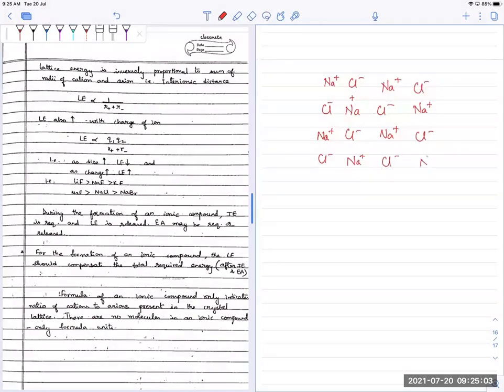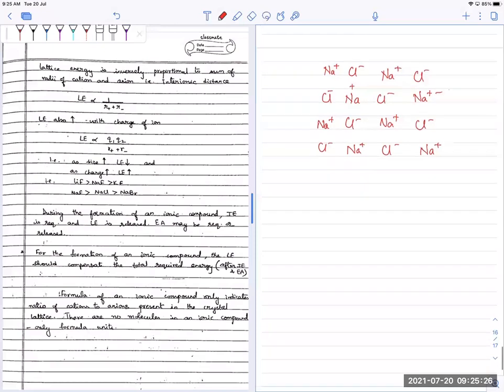Now imagine you take a positive species, it is completely surrounded by negative ones. When you take a negative species, it is completely surrounded by positive ones on all sides. So they are arranged alternately. So when I talk about an NaCl crystal, there is no molecule of NaCl. It is arranged infinitely on all sides.